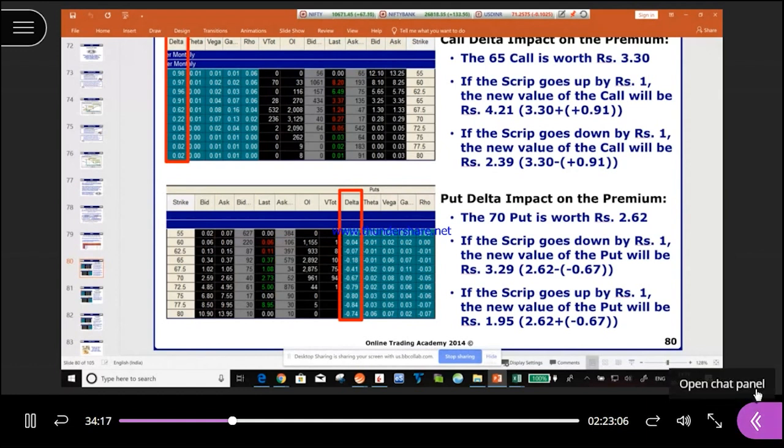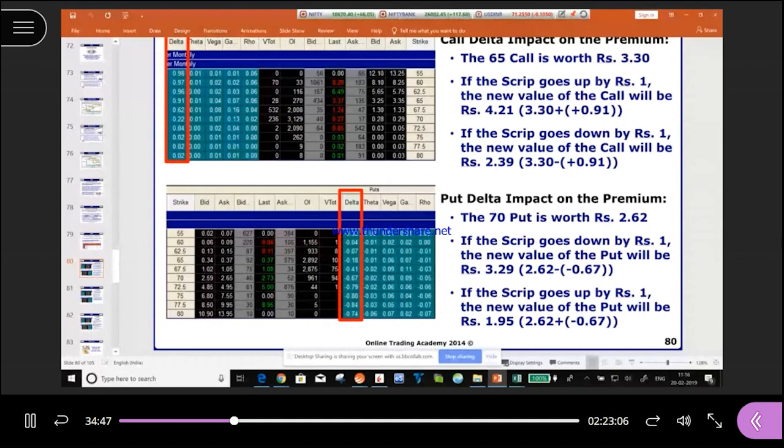Zoom table and explain nothing. टेबल छोड़ो यार.